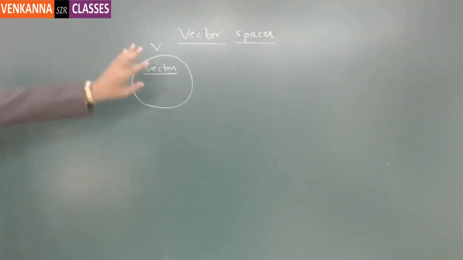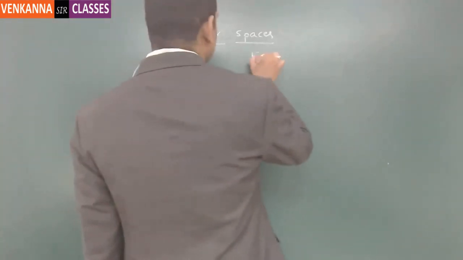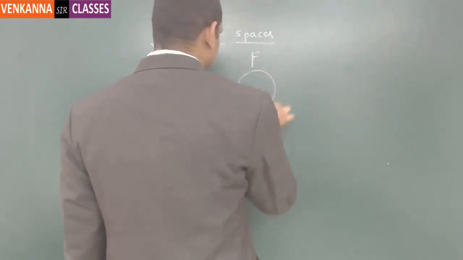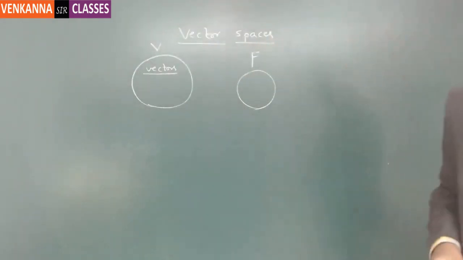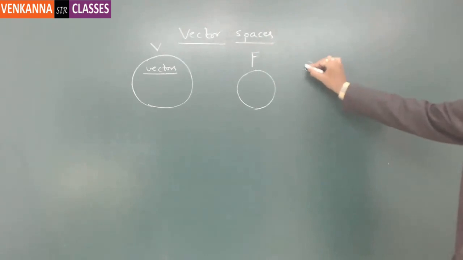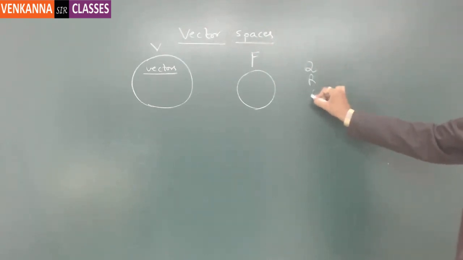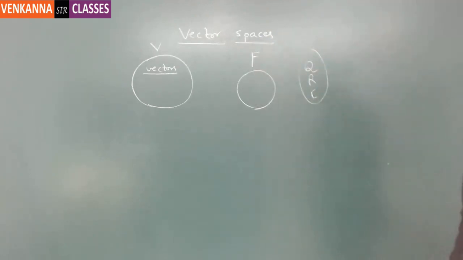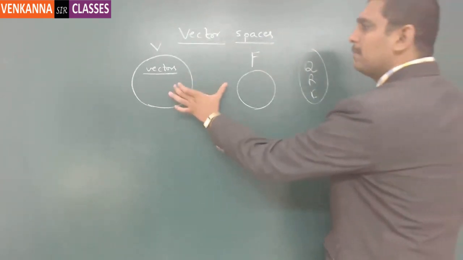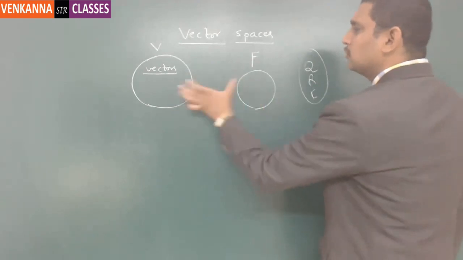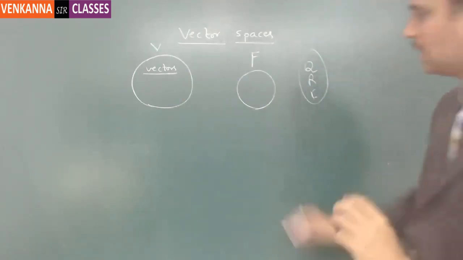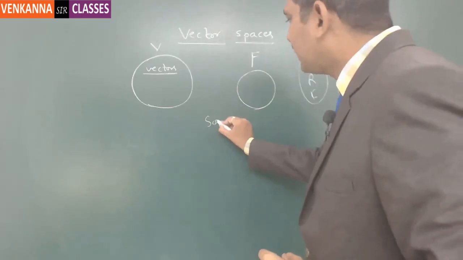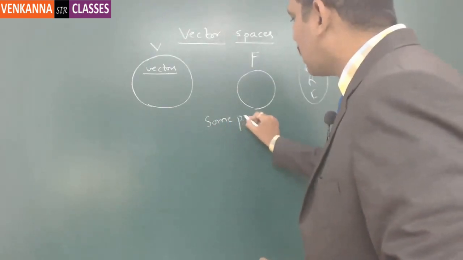The elements in this set, I am calling vectors. Now, I will take a field. Usually you have three fields, either rational numbers or real numbers or complex numbers. You consider any field. Now, comparing the elements over these two, I will check whether some properties are satisfied or not.